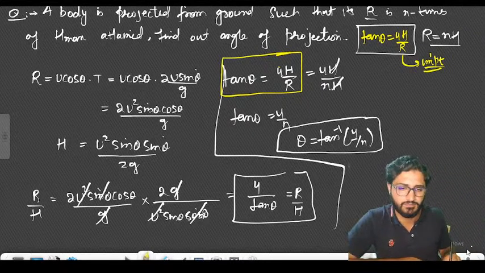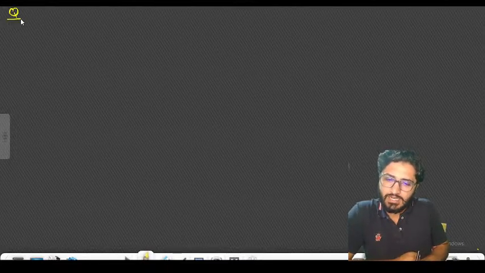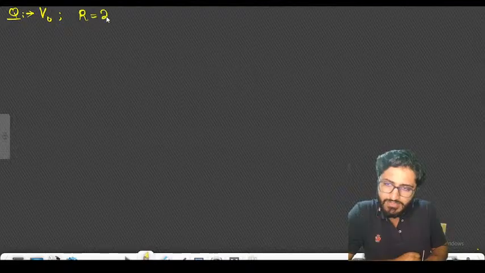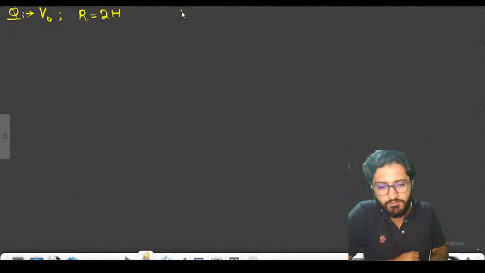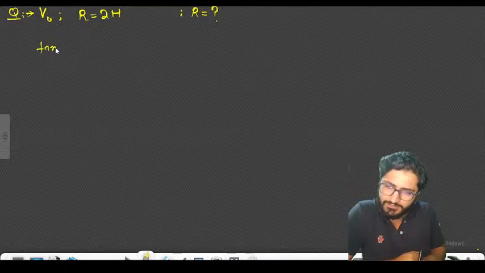Look now. The numerical is like this: we are projecting a particle with velocity v0. Its range is 2 times the height. Done. Find the range. Look now. What is tan theta? Is it 4h by r?